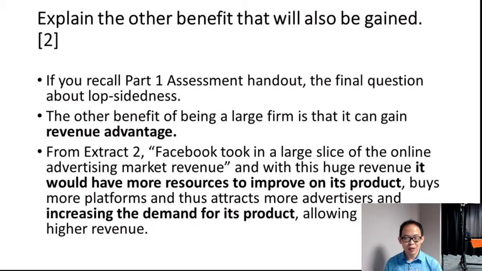It could also buy more platforms and attract more advertisers, and hence increase the demand for its product, allowing it to earn a higher revenue. Again, compare the words in bold and the words that are not in bold for the last bullet point. I want you to learn how to incorporate the case evidence with the economic explanation, which are the words in bold. That's how you get all the marks for the case study.